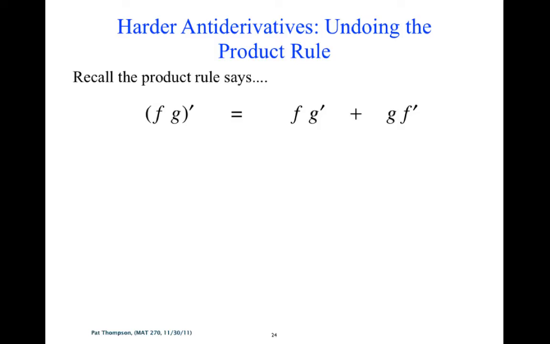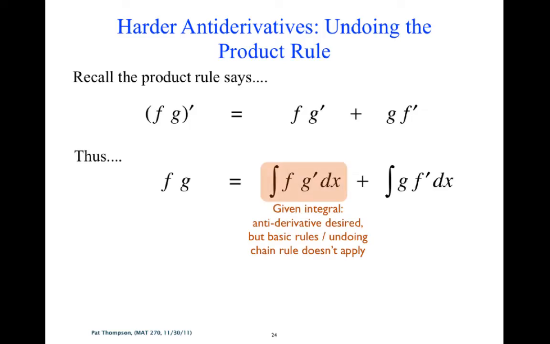Here's the product rule. The derivative of a product is the first times the derivative of the second plus the second times the derivative of the first. And so if I take the antiderivative of both sides, the original product would be the antiderivative of f g prime plus the antiderivative of g f prime. So that's just taking the antiderivative of both sides.